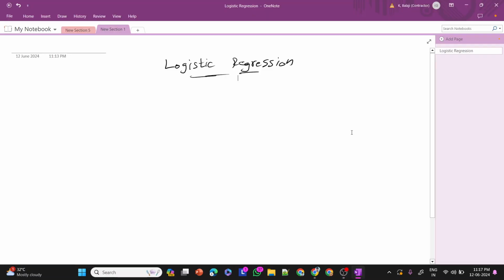Hello friends, today we are going to see another machine learning algorithm, that is logistic regression. This algorithm is a supervised learning algorithm.